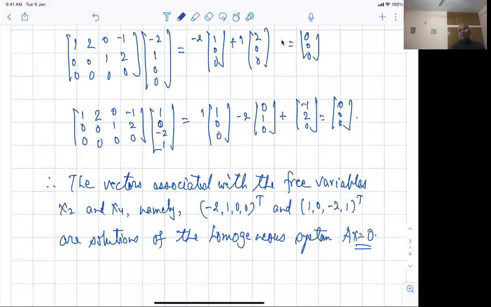So from the system Ax equal to B, we go to the RREF, and from there we conclude these things. It is very important that such conclusions can be made.